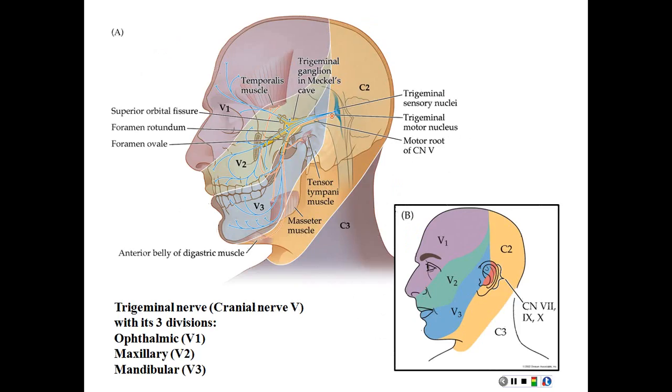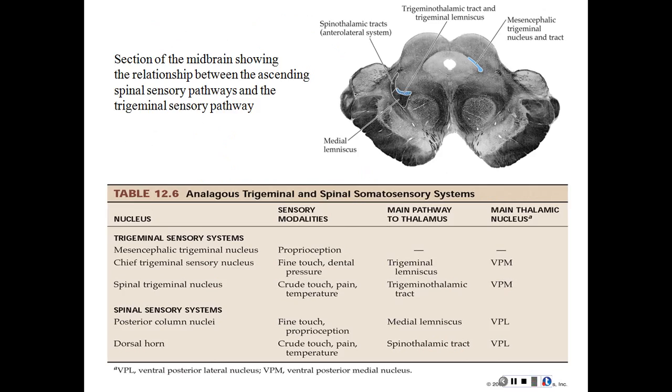So we've already done this with cranial nerve 5, so you can do this again. This is a nice chart to help you. And again, don't get bogged down in the minutiae of these pathways, but clearly the face has proprioceptive, fine touch, crude touch, and everything going to the VPM.